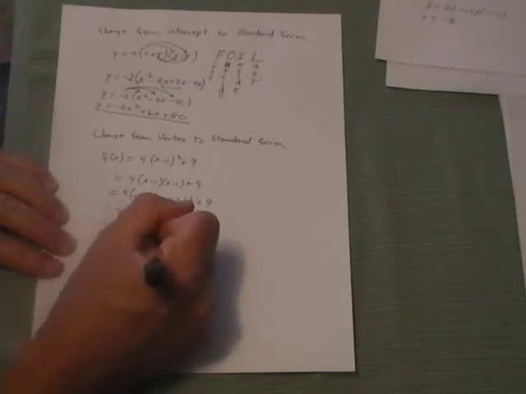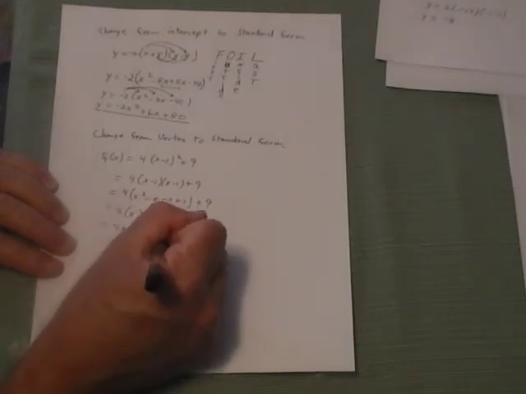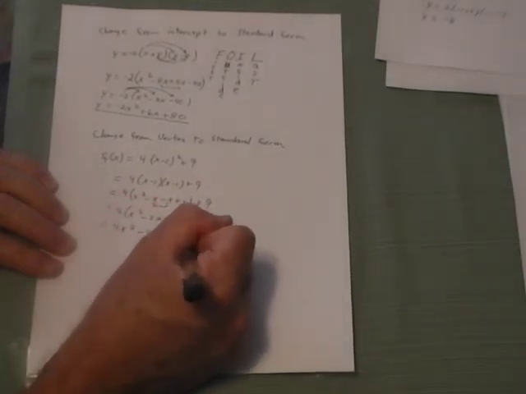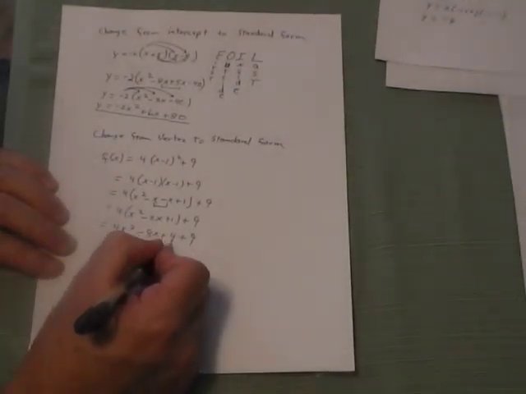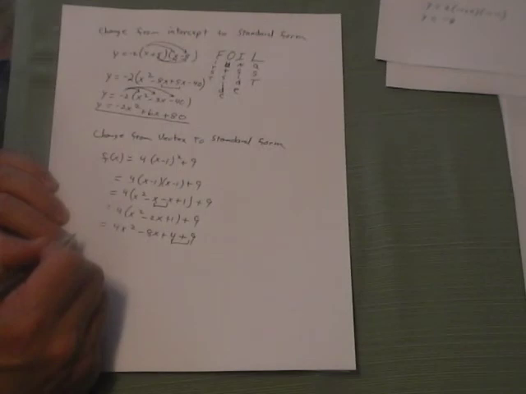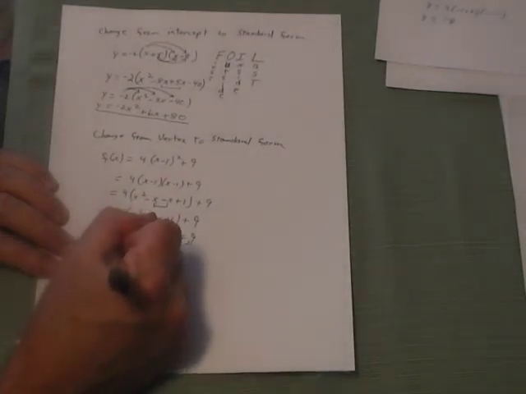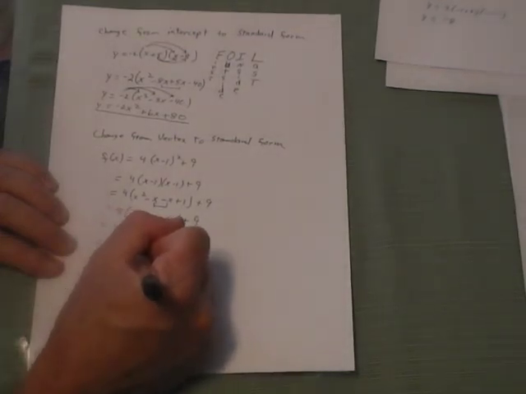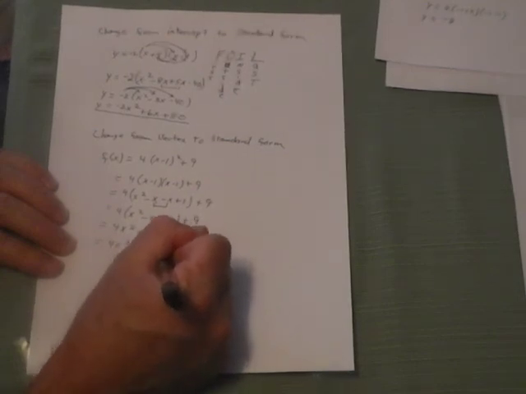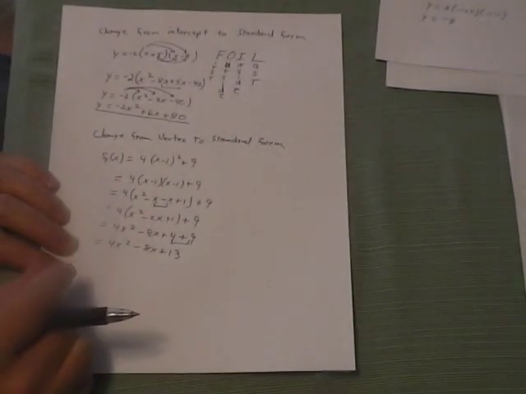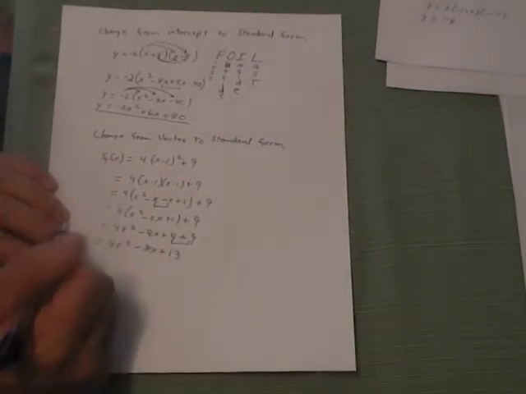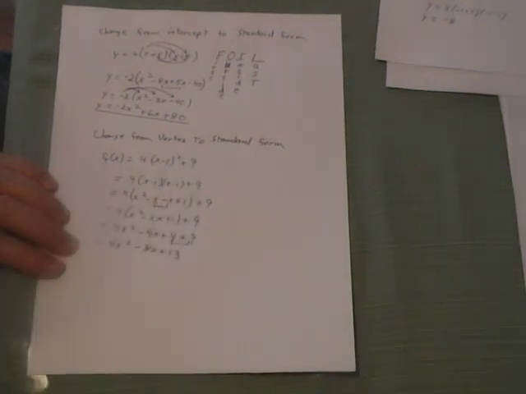This is 4x squared minus 8x plus 4. Now we don't need the parentheses anymore. We still have the plus 9. Now the only like terms are the 4 and the 9. So we end up with 4x squared minus 8x plus 13. And that would be our equation in standard form from our original vertex form.